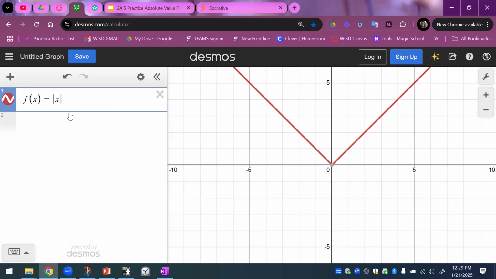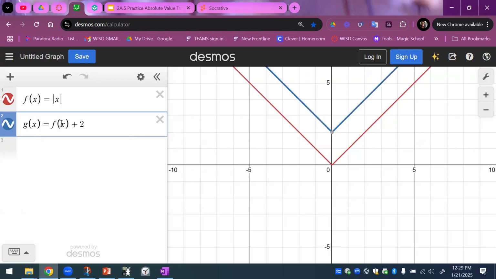Okay. All right. So now we're going to type in our g of x. g of x, sorry, don't capitalize. g of x equals, you can write it one or two ways. You can write it as f of x plus 2, because it's saying I'm taking f of x and adding 2. I'm shifting it. Does that make sense?